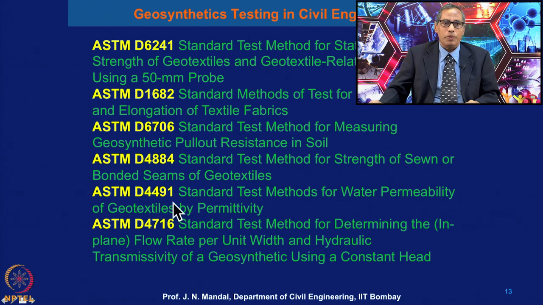ASTM D4491, standard test method for water permeability of geotextiles by permittivity. ASTM D4716, standard test method for determining the in-plane flow rate per unit width and hydraulic transmissivity of a geosynthetic using a constant head.